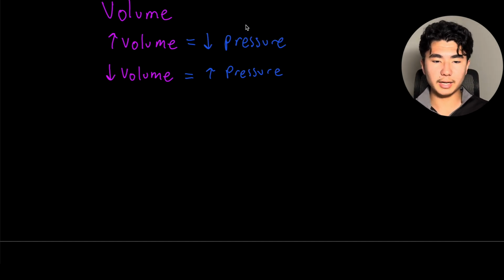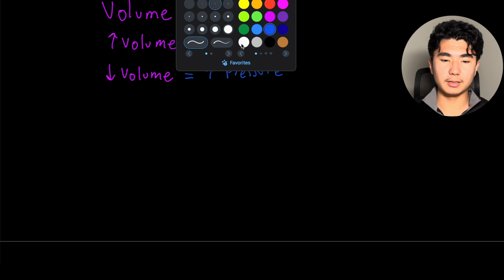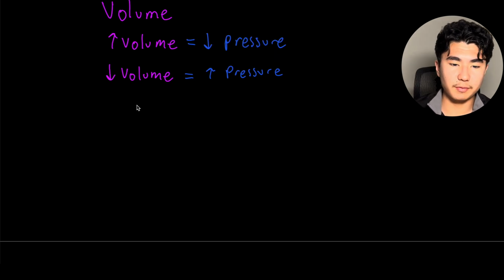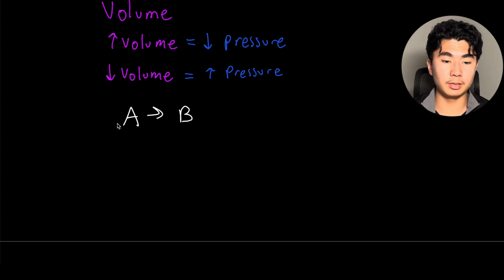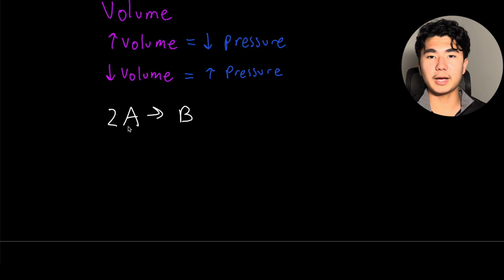So now that we know that, let's go back to our arbitrary example of A to B. But in these cases, you're gonna have to look at the moles of the reaction. So when it asks you about a decrease in volume or increase in volume, look at the moles of the reaction. Look at those stoichiometric coefficients.